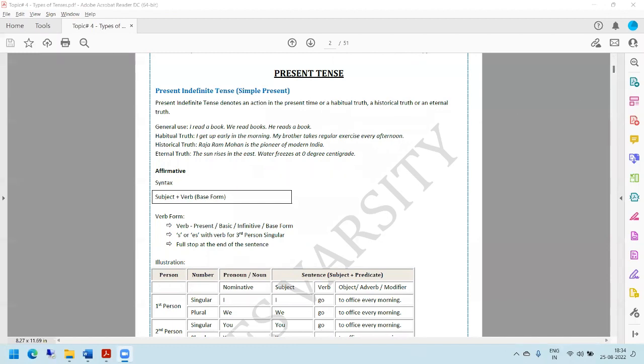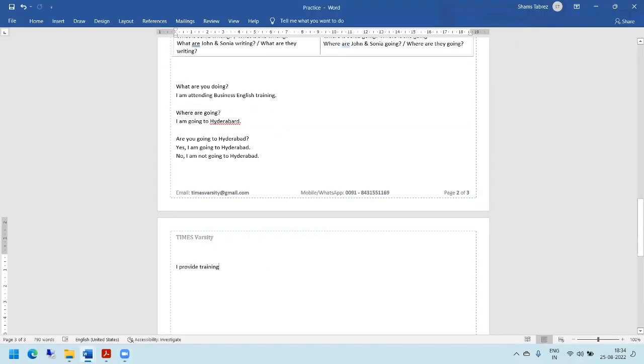Now similarly, if somebody wants to check your habit, then what should the sentence be? Like, do you provide training? This is a simple question.